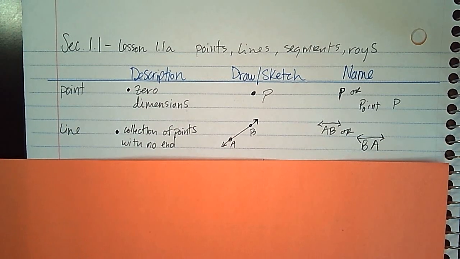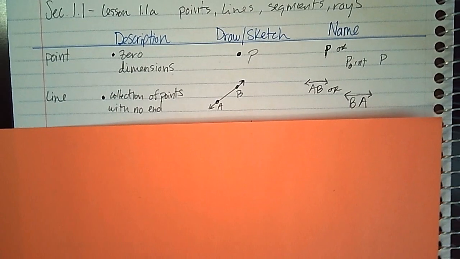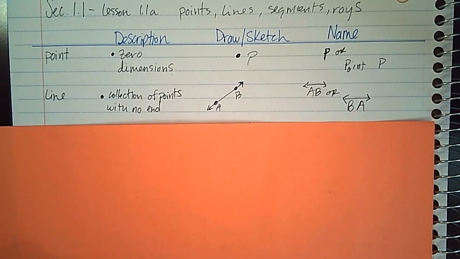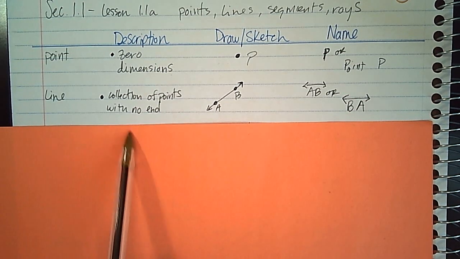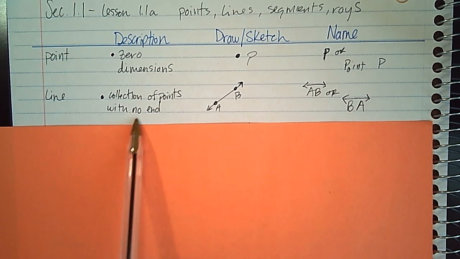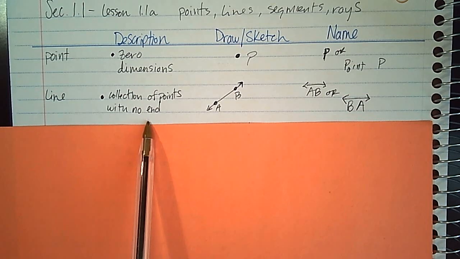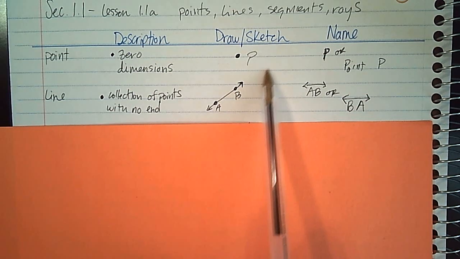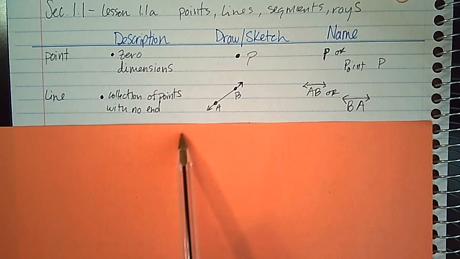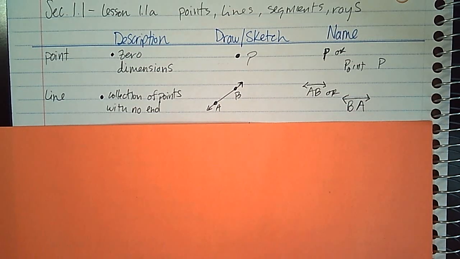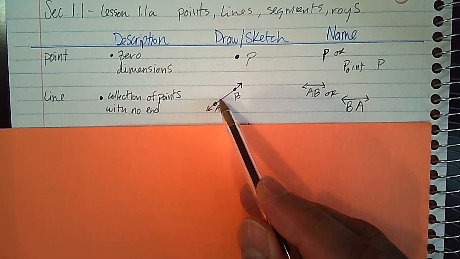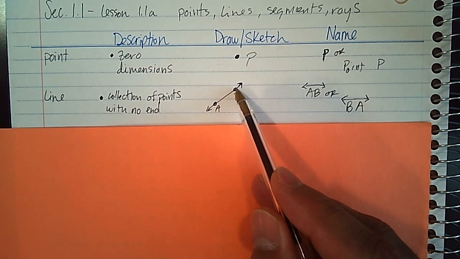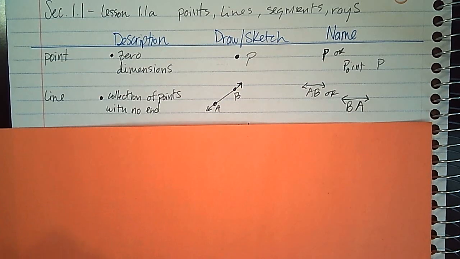Then we have line, and again, I'm pretty sure you have a good understanding of what a line is, but in geometry it's a collection of points with no end, meaning it goes off forever in both directions, right? Also, even though I only have 2 points in here, there's a whole bunch of points in here that we could find.